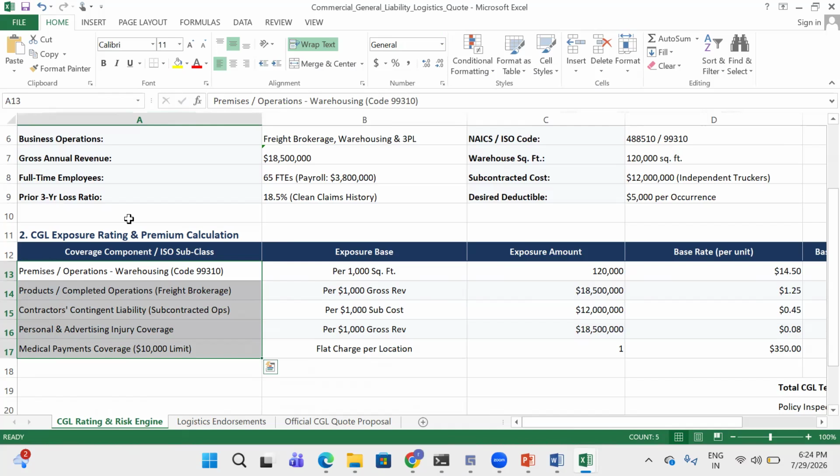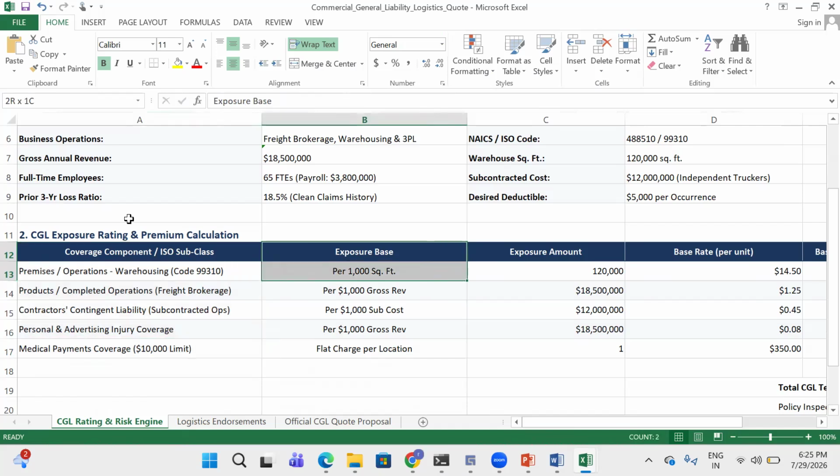Next, contractors contingent liability, because if there are any subcontracted operations located there, that can be taken as well. Next, personal and advertising injury coverage will be taken as well, because if any person gets injured, which in our terminology we call bodily injury, it will be added, followed by medical payment coverages. So these are the coverage components we have taken at the first level.